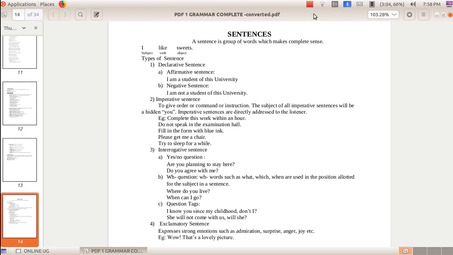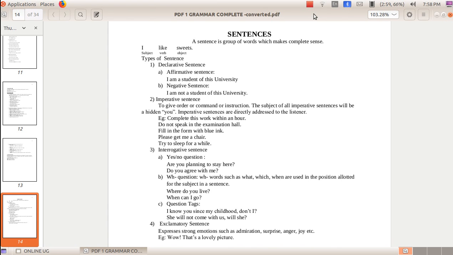And in parts of speech we have a type of word which you call interjection, words that are used to express sudden emotions like wow, hooray, oops. You can use these words in forming exclamatory sentences, and you can express strong emotions and feelings.